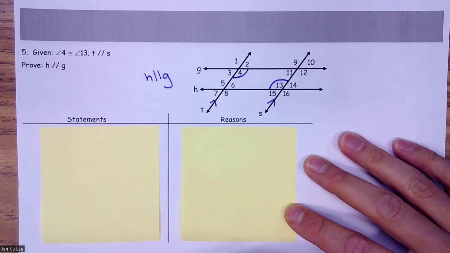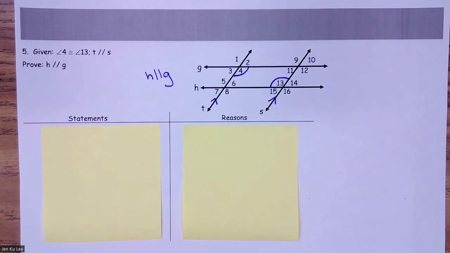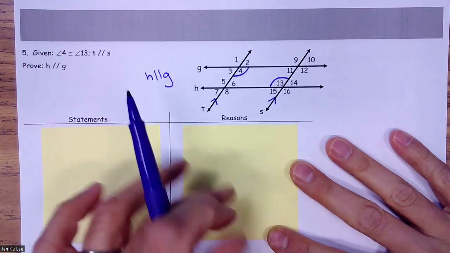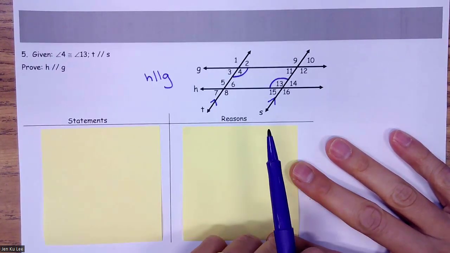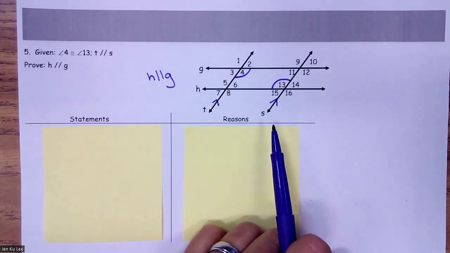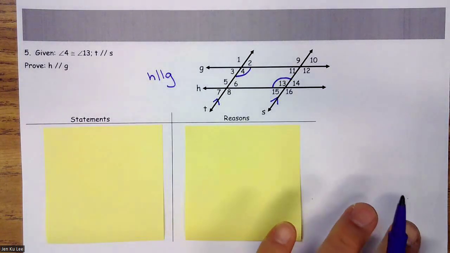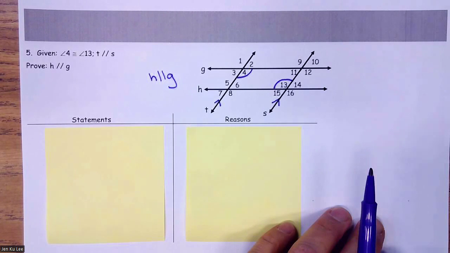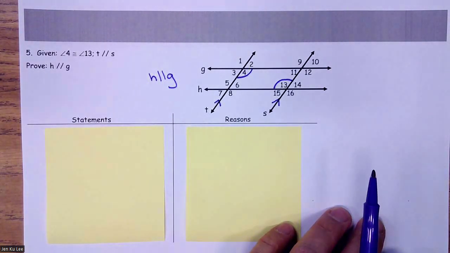When we are proving two lines are parallel, there are only 5 ways we can do that. If two lines, G and H, are cut by a transversal, T or S, and corresponding angles are congruent, I find one pair of corresponding angles that are congruent. I find one pair of alternate interior or alternate exterior angles are congruent.